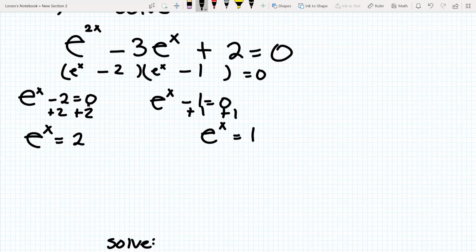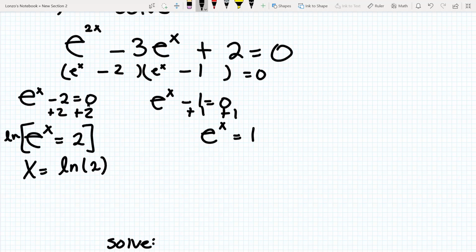What is the inverse of e, or the exponential graph? Believe it or not, it's ln, the natural log. So you're going to take the ln of both sides. When you take ln of e to the x, the e and the ln cancel because they're inverses, so you're just left with x. And on the right side, you're left with ln of 2.